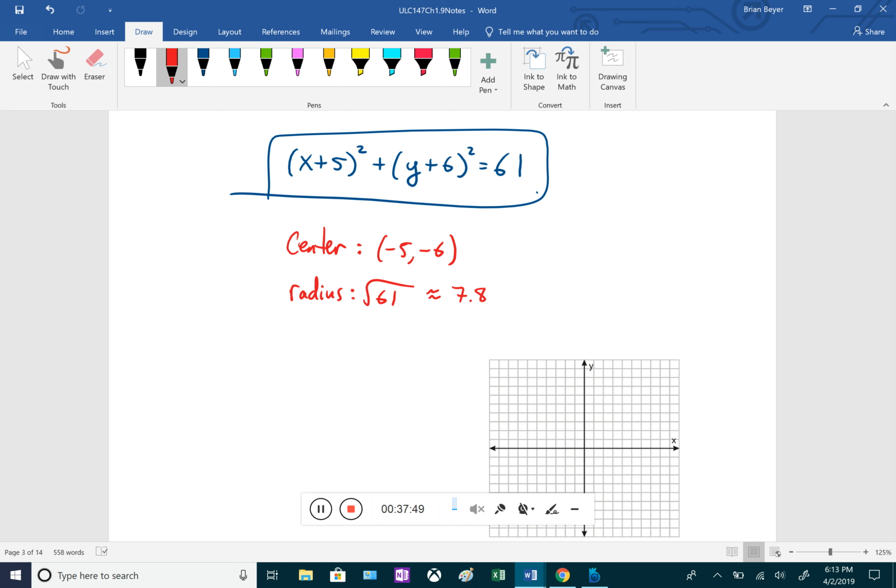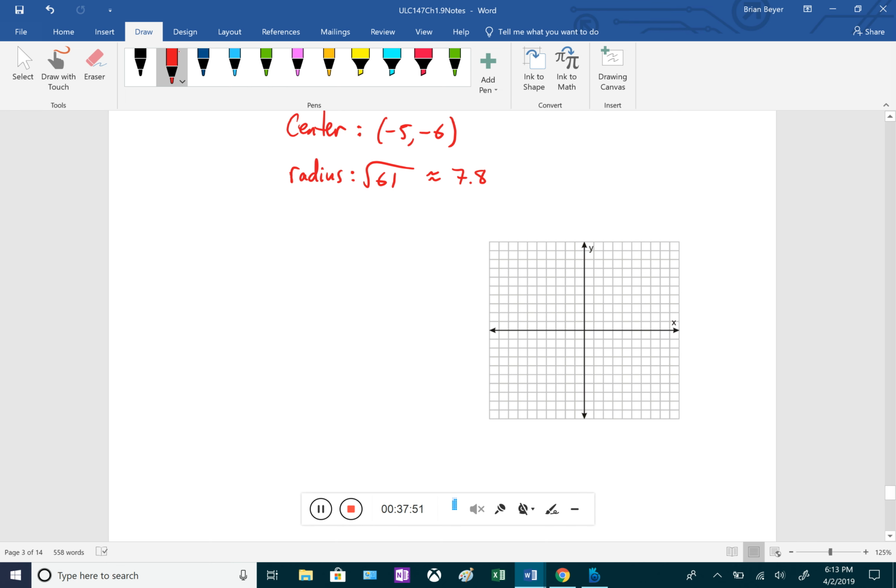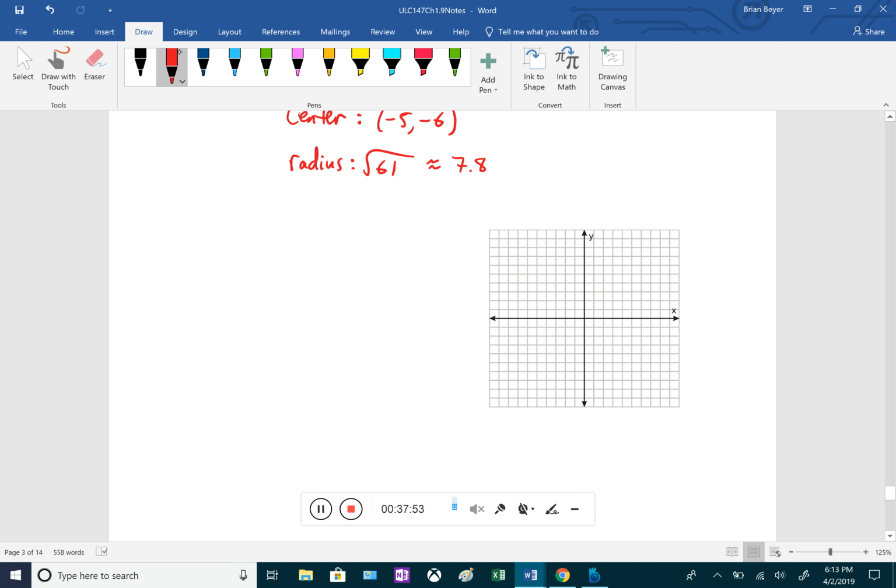Okay, so we go to the center, -5 comma -6. So that'll be down there. So it looks like our circle is going to go kind of off the edge here, which is fine, I guess. So a radius of 7.8. So we're going to go up 7.8. So it's going to be right up here.